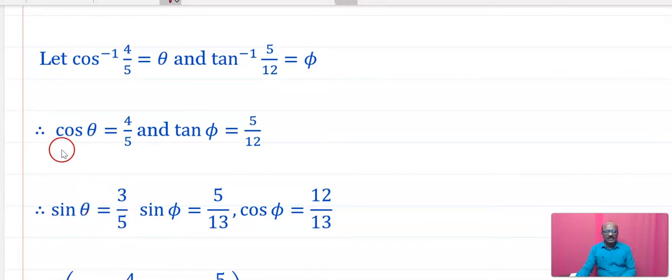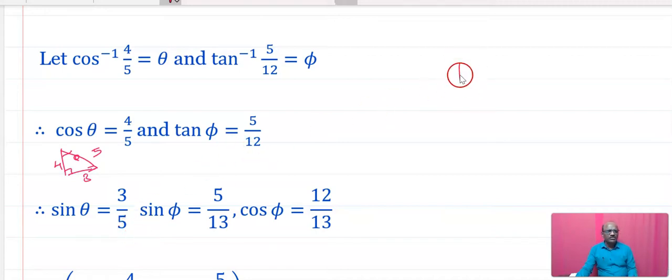If we draw the triangle, this is the right angle triangle. This is theta, and cos is the adjacent side upon the hypotenuse. Therefore, the opposite side is 3, and sin theta is 3 by 5.